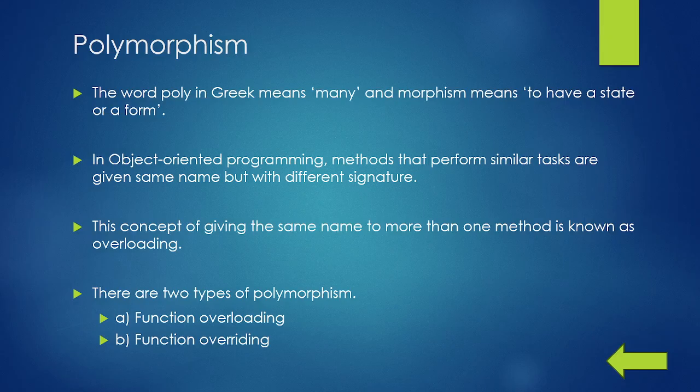We will understand this. This concept of giving the same name to more than one method is known as overloading. There are 2 types of polymorphism. One is function overloading and second one is function overriding. In this video, I'll explain function overloading.